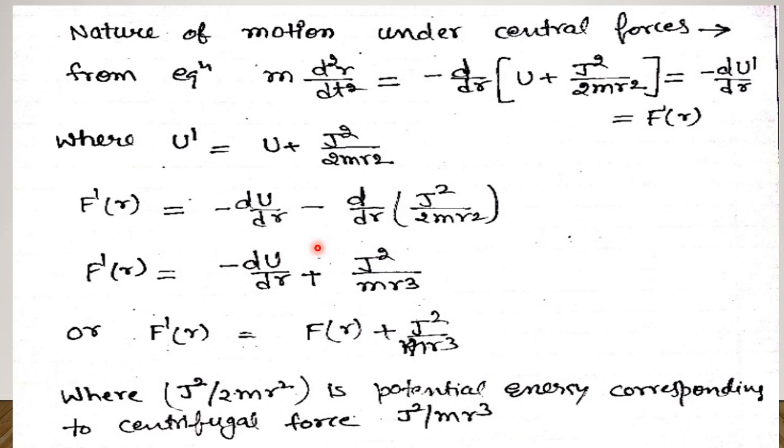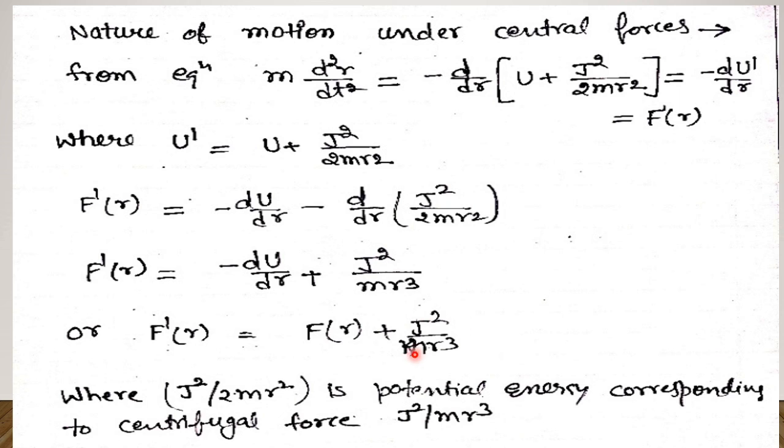So minus minus will be plus and the 2 will be cancelled. So this term after solving becomes J²/mr³. So now we find that f'(r) = f(r) plus this additional term J²/mr³, where J²/2mr² is the potential energy corresponding to the centrifugal force.